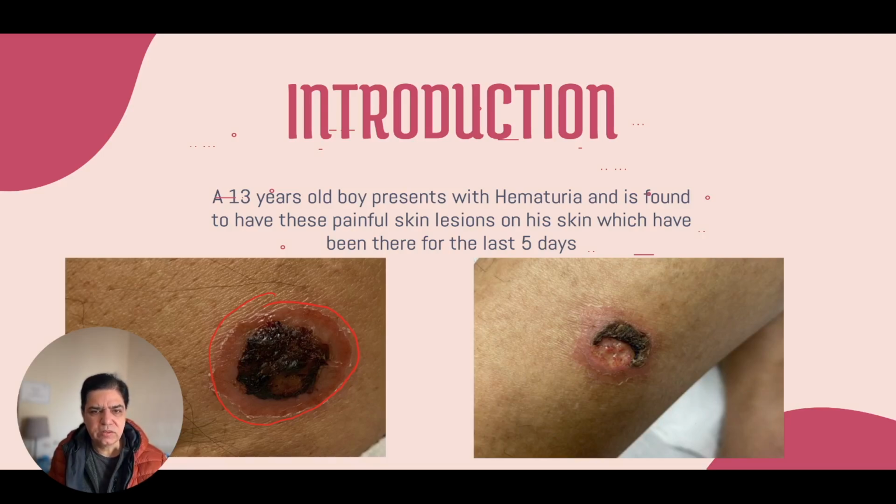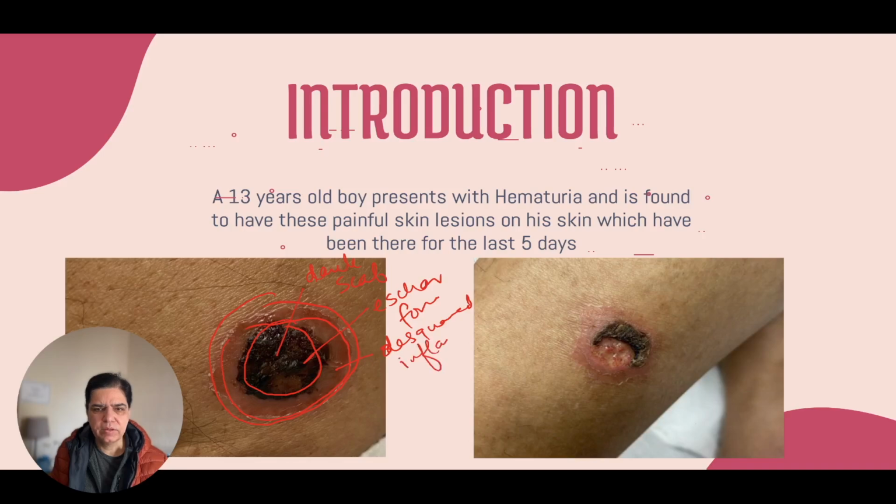You can see it's a well circumscribed circular lesion with a central area of dark scabbing, or eschar formation, which is encrustation. At the side, there is a peripheral rim of desquamated, inflamed area, desquamated because the epithelium has been shed, with very clear borders here.